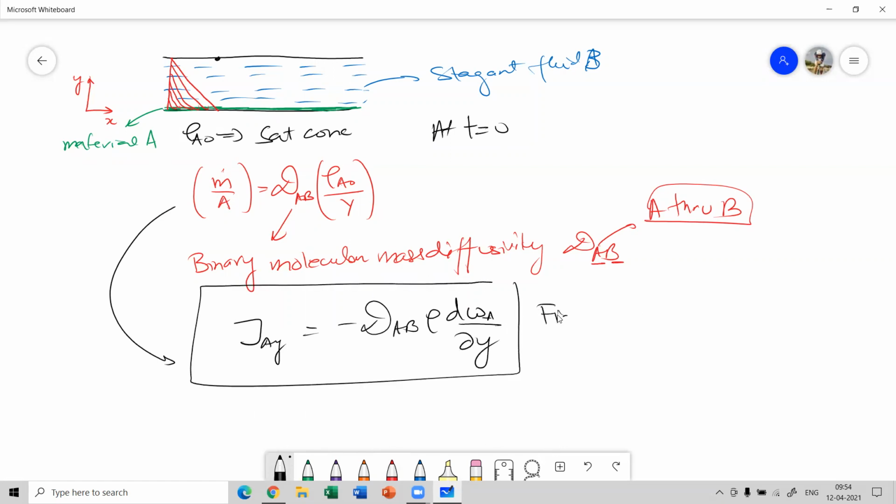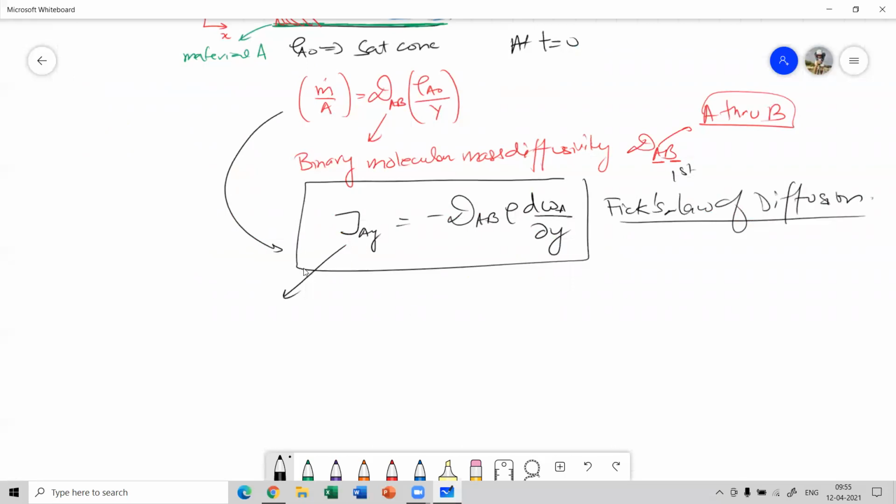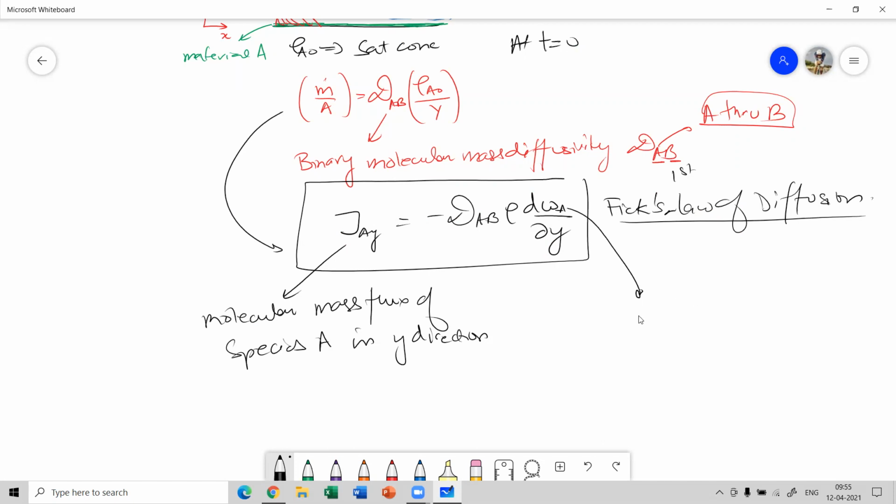This equation is called Fick's law of diffusion, or Fick's first law of diffusion, where JAY represents the molecular mass flux of species A in the y direction, that is diffusion of A in the y direction, and W represents the mass fraction of A. Rho represents the mass density of A. So if mass density is constant, it can be taken out.